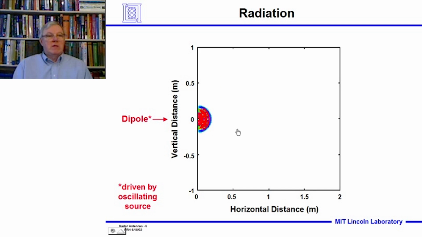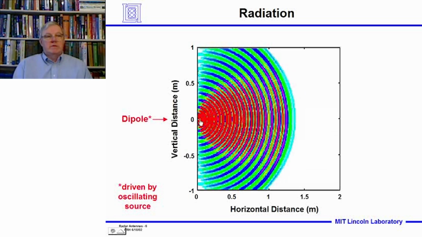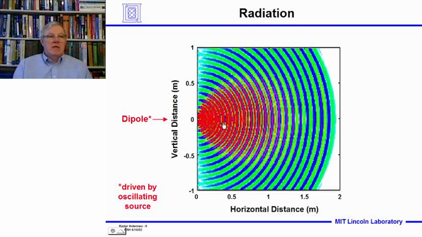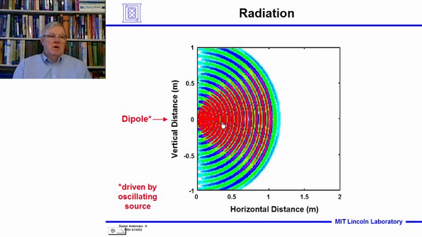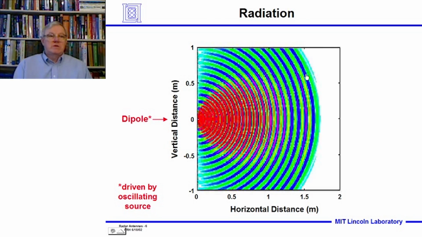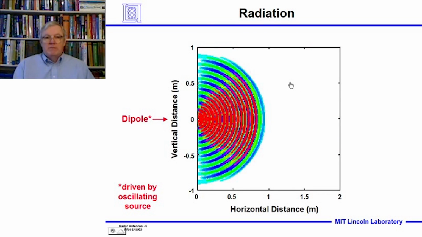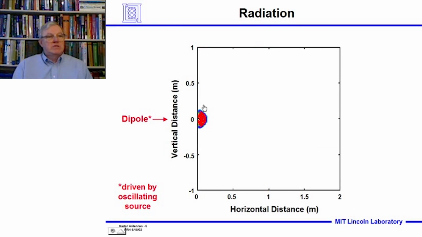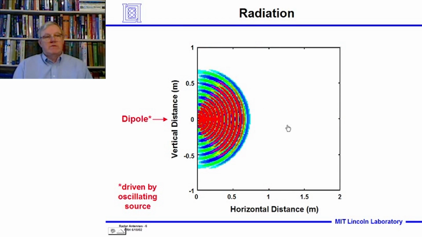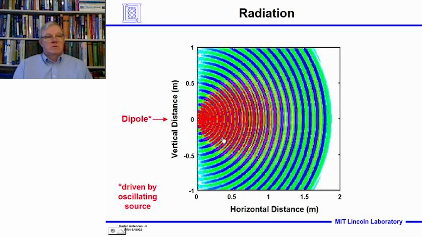And this is a simulation of an electromagnetic wave coming out of a dipole. Areas of high intensity are in red, the lowest intensity in blue, and medium in this greenish yellow. And you see that the antenna has some directivity, maybe 80, 90 degrees.